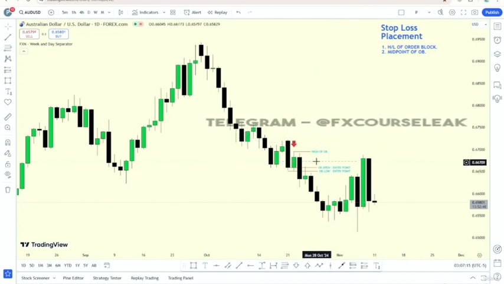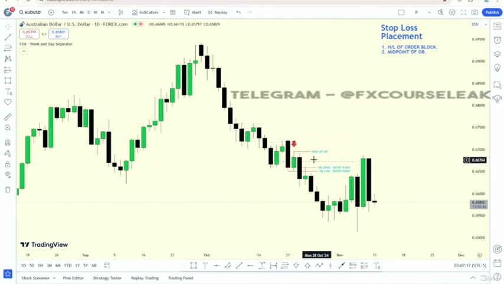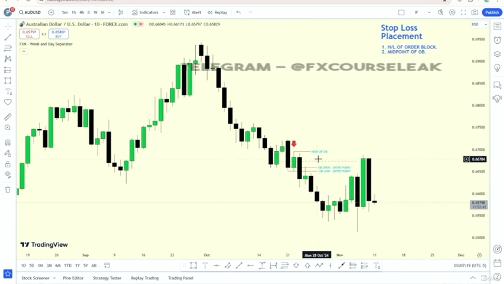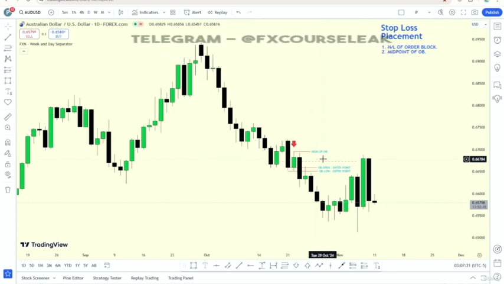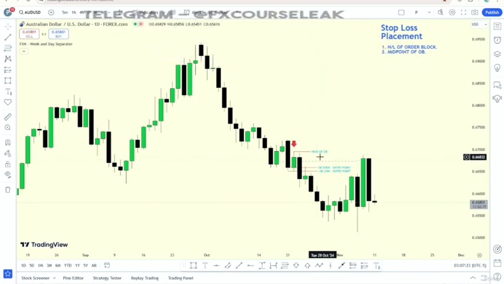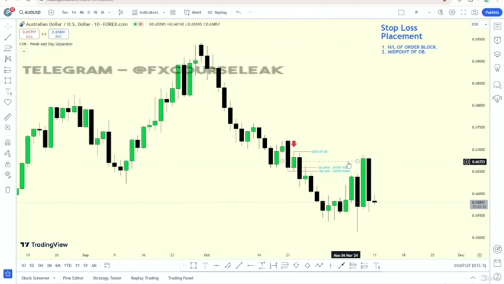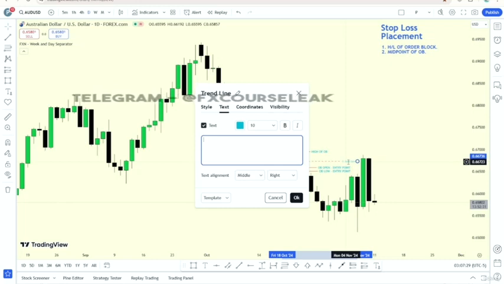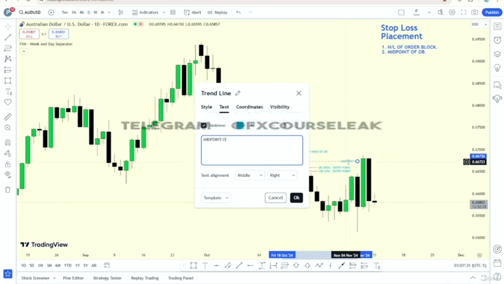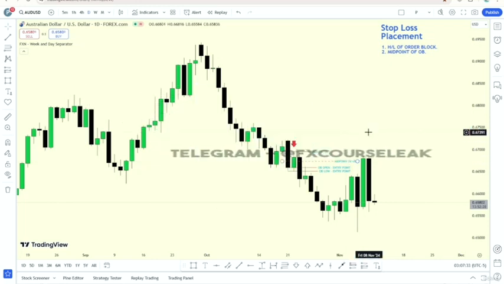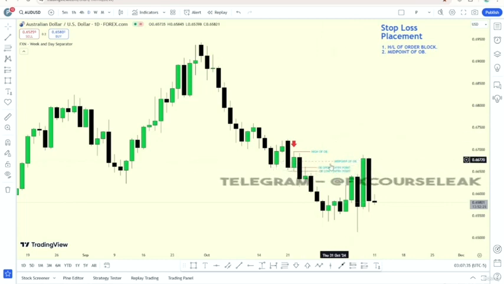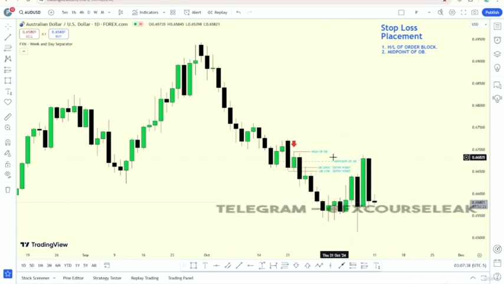Since we are bearish, you can place it just above the midpoint, maybe somewhere there. Make sure that you're adding 2 to 3 pips above it, so that you place your stop loss above that midpoint. So this is the midpoint of the order block. This is a more aggressive place you can place a stop loss, so that you can get a better R multiple.